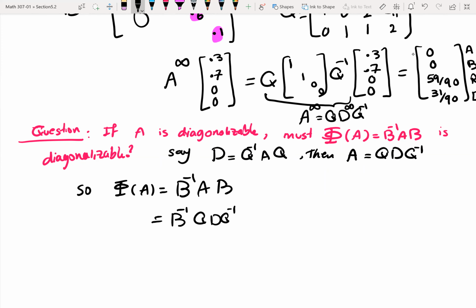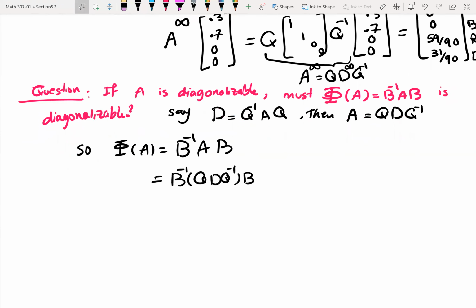So it's just this whole thing replaced by A, because it is diagonalizable, and then that is really one left invertible matrix that I need, and then the other one is on the right. Is that fine to write it like this, or do I need to add one more step? Let me add one more step.